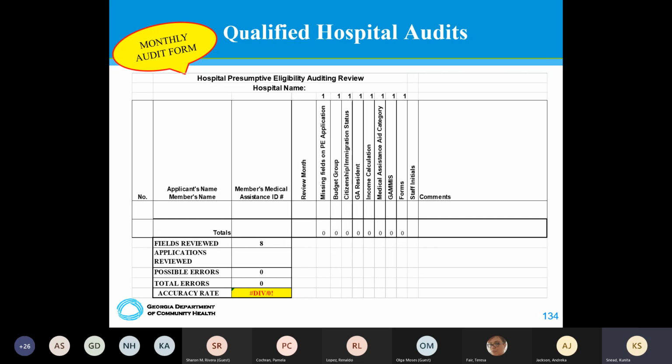If it was anything besides monthly, did you use the correct conversion factor? Did you round? Did you put the people that were eligible in the right aid category? And then did you enter the information into Gammas like you were supposed to if they were eligible?